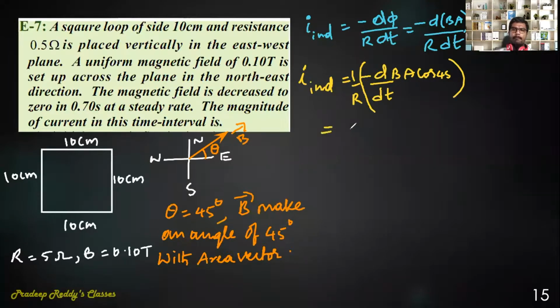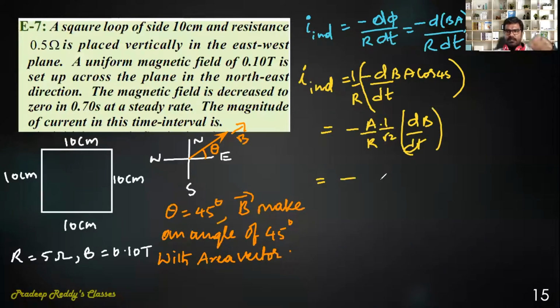This will be minus A into cos 45, which is 1 by root 2, divided by R into dB by dt of magnetic field B. This is equal to minus area of the square loop, which is 10 centimeter whole square, divided by resistance of the coil 5 ohm and root 2 as it is, into dB by dt.